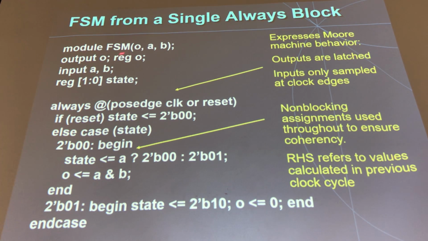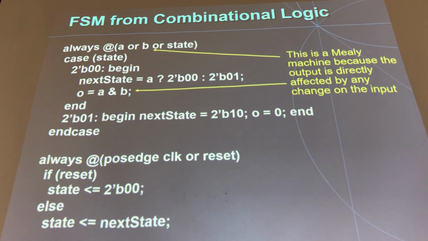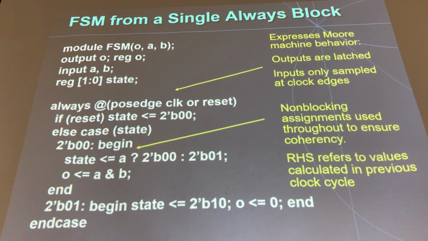So the finite state machine again has the same declaration, and there's only one always block. We combine them together. In the previous example, we used two always blocks, one for each. In this example, we can combine them together in one single always block. Either way is fine.